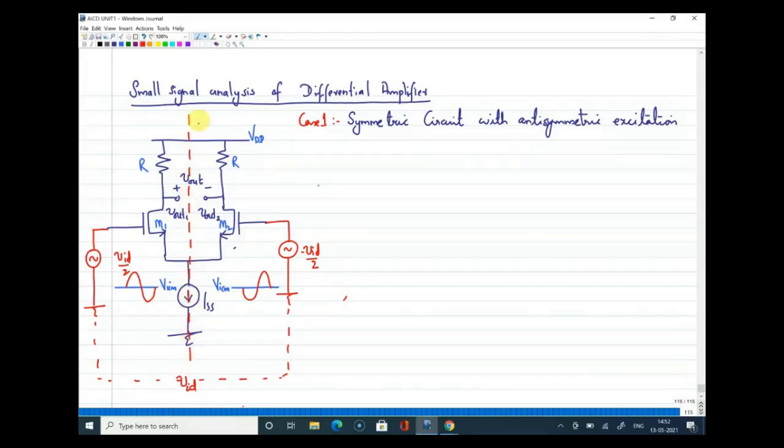Whether the excitation is anti-symmetric? Excitation is nothing but input. Yes, the excitation is anti-symmetric, because on one side it is Vid by 2, on the other side it is minus Vid by 2. Now listen carefully.